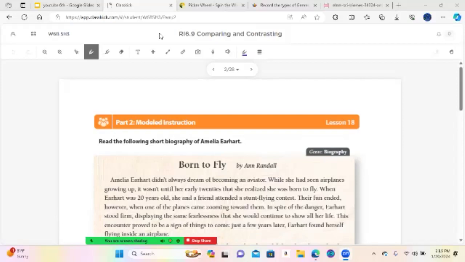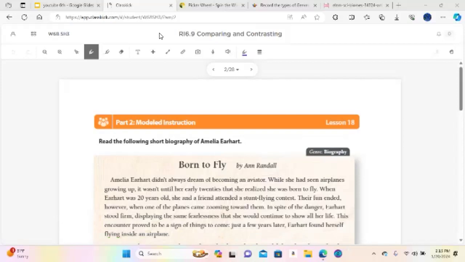She was also a pioneer and a writer, and she was the first female aviator to fly solo across the Atlantic Ocean. So we're going to hear her biography. And remember, a biography is written about someone's life. It is written by another person giving an account of someone else's life.